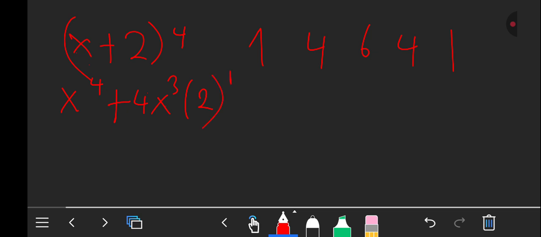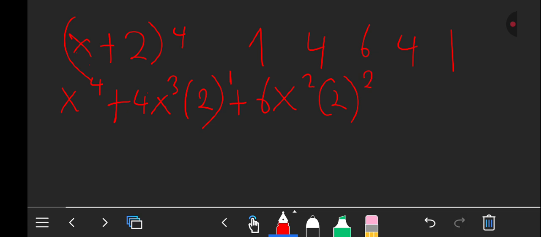So this 2 will increase by 1. Then plus, we come to 6. So 6, then x will decrease further from 3, the power will decrease to 2. Then this 2 will gain 1. So it will be from 1 to 2 now.